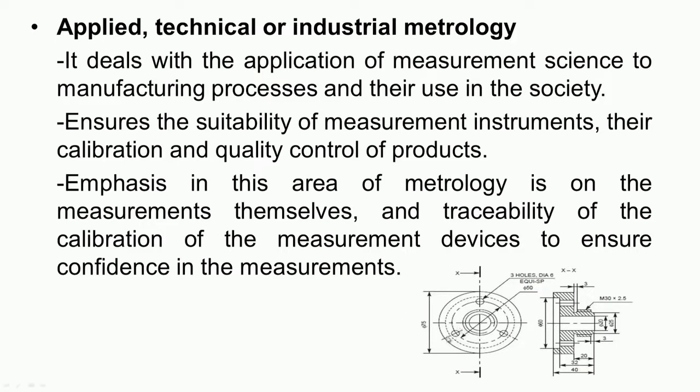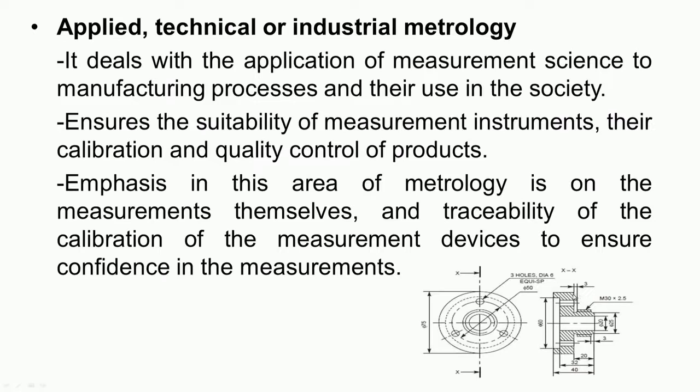We can take the example of this drawing, and we will try to understand more about industrial metrology. Now you can see in this figure we have various parameters to be measured, like diameter of the component. There are 3 holes of different diameter. There is one bigger hole at the center, and then we have depth that is to be measured.